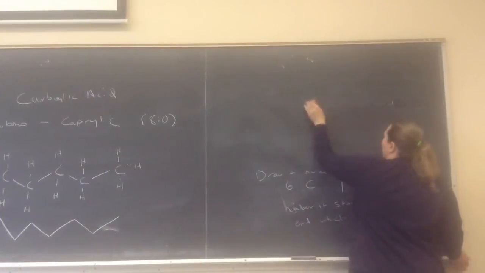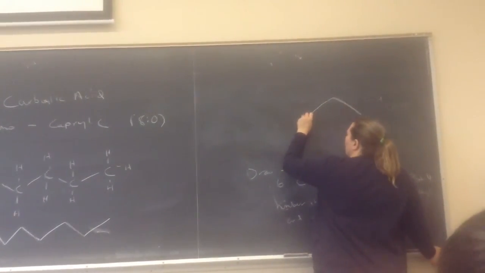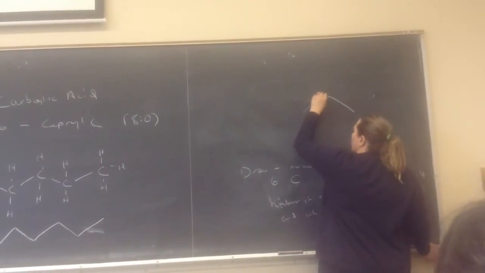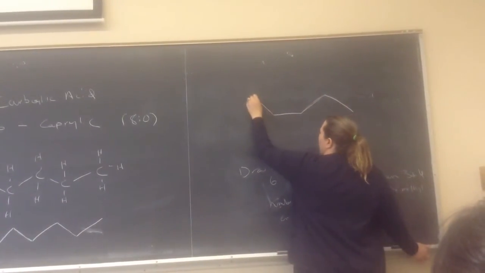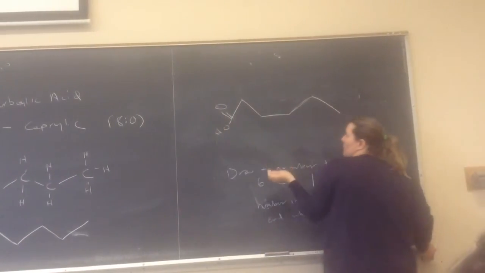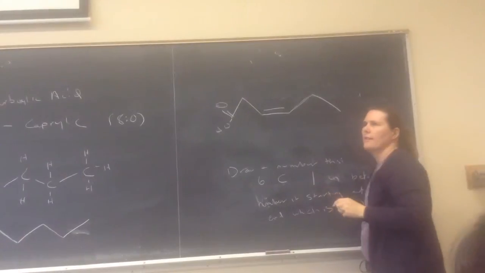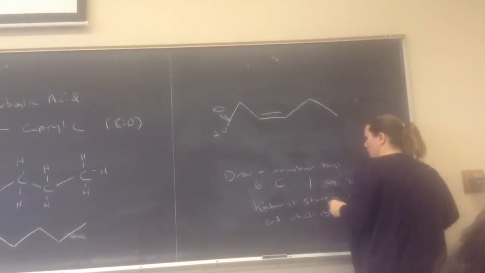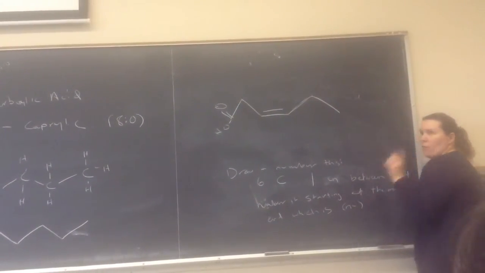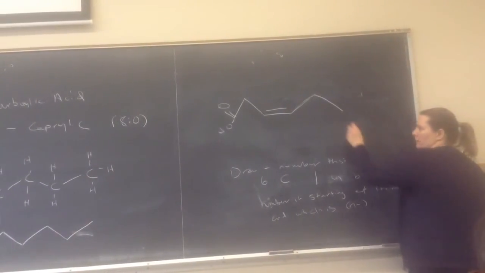Okay, so we've got 6 carbons. 1, 2, 3, 4, 5, 6. Right? That's our double bond. So where's the methyl end?